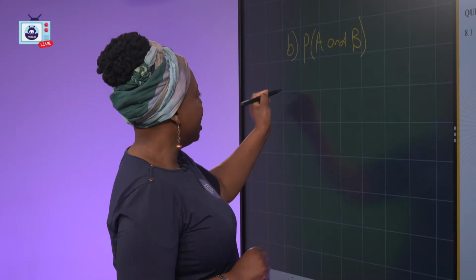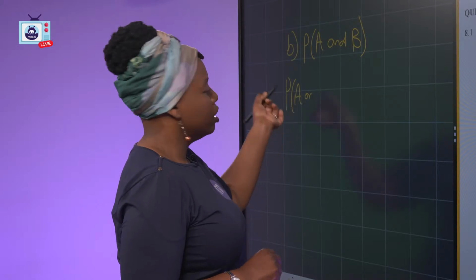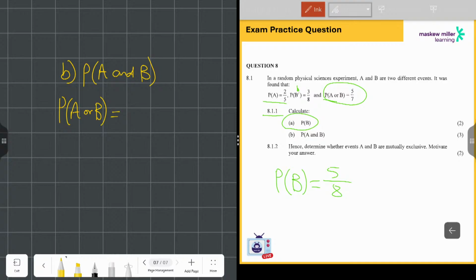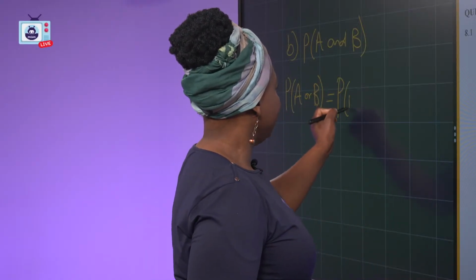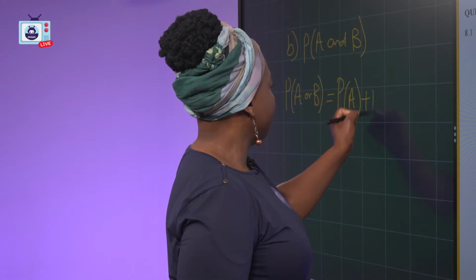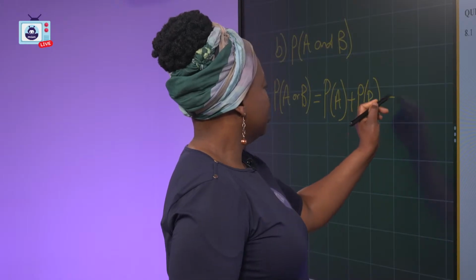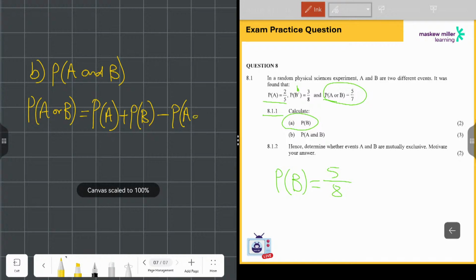I'm going to write probability of A or B, as they gave us. It equals, remember this is my formula, probability of A plus probability of B minus the probability of A and B.